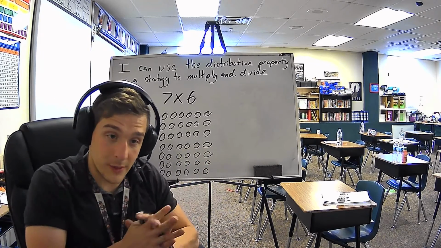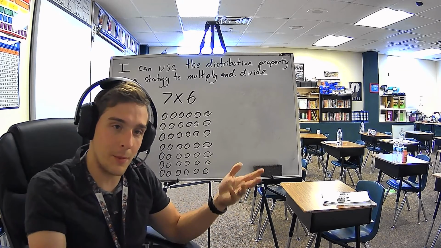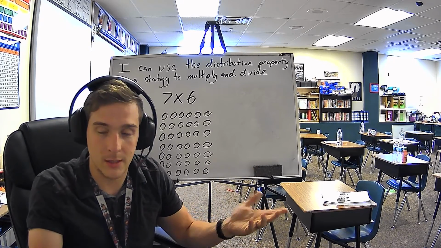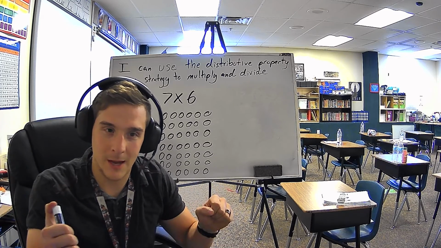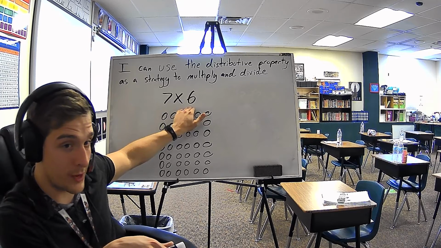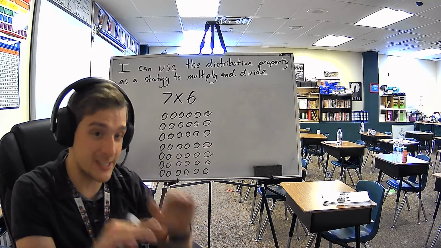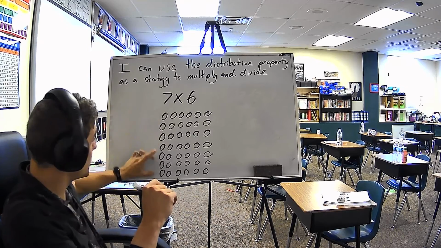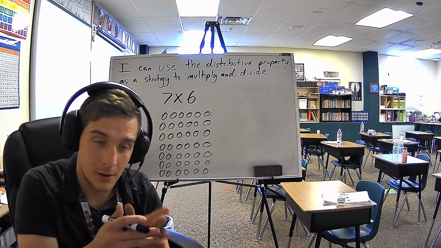Now, this is the reason why I'm not a huge fan of this, but because of the commutative property, it works. I just want to be very careful how I teach this because I don't want to make a misconception. Because we understand that you can't change how many are in each group, correct? If this is 7 times 6, you can't change the 6. You can break up the groups, but you can't break up how many are in each group because that gets weird.